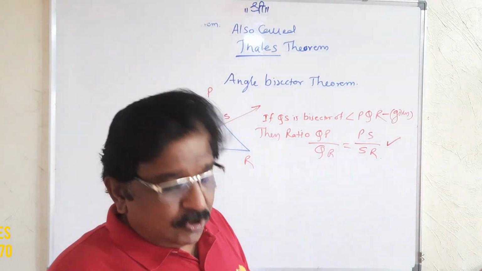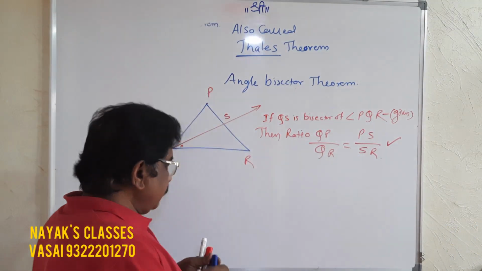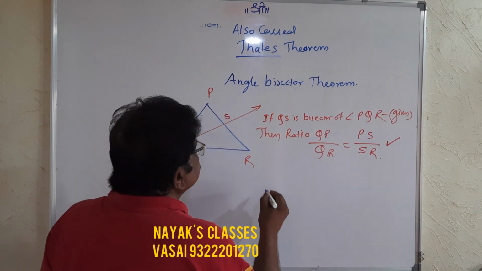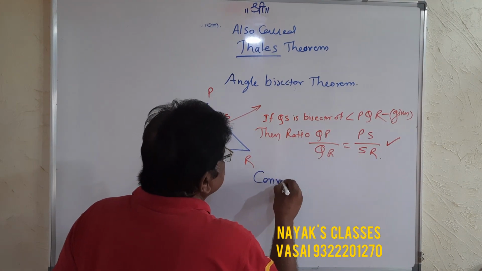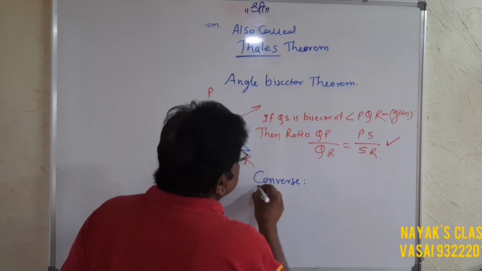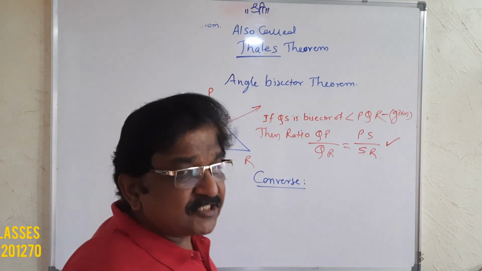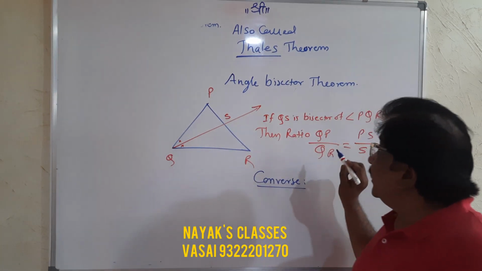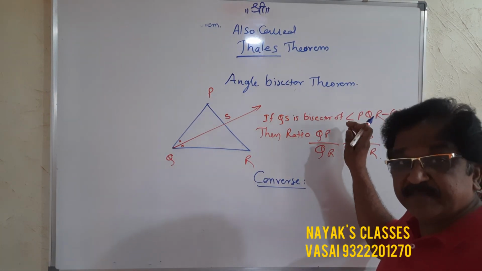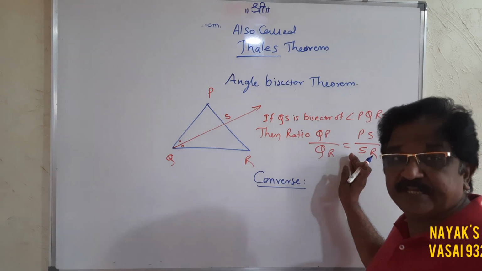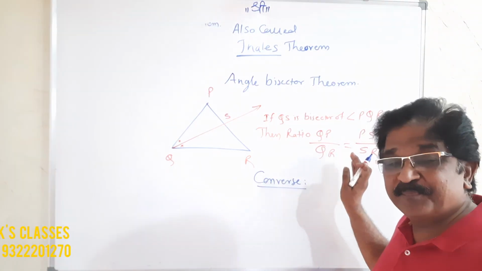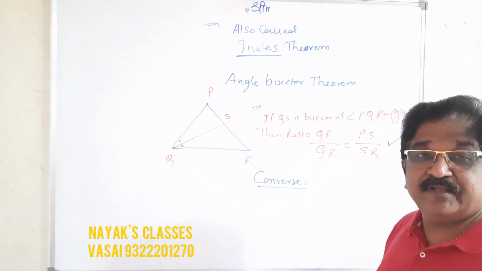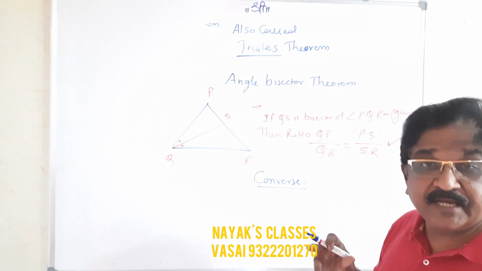Now, again the converse. Converse means the opposite statement. See, if it is a bisector, the ratio is equal. Now, if the ratio is equal, the given ray is an angle bisector.